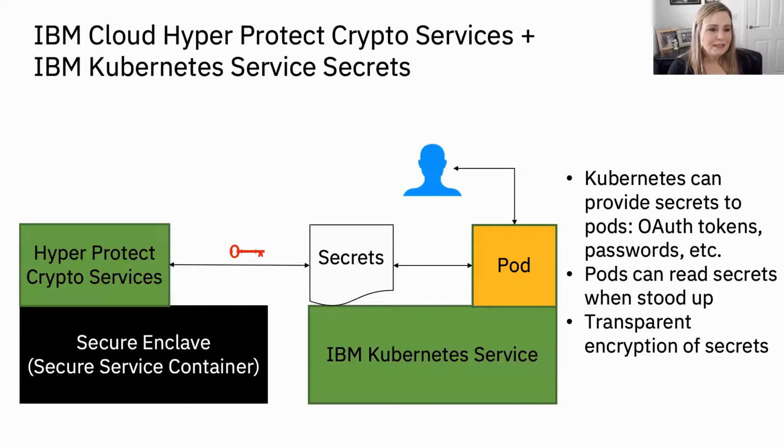So the idea with secrets is that you have data that could be like a token or a password that an application inside the pod needs when it's stood up, but it shouldn't just be stored inside the Docker image that it's created from. So instead, that secret can be pulled from a controlled location that Kubernetes provides, which is great, except that you still actually want to protect that data.